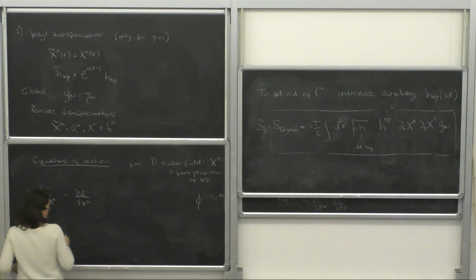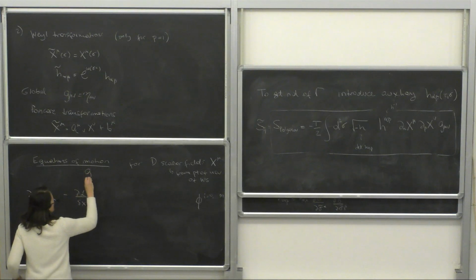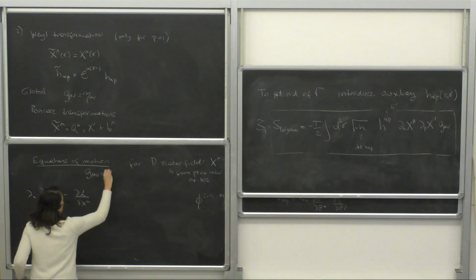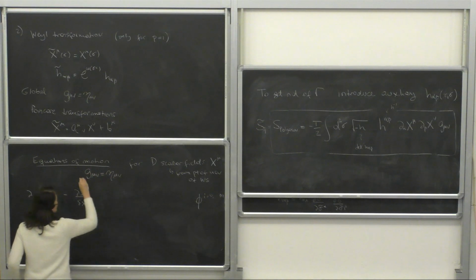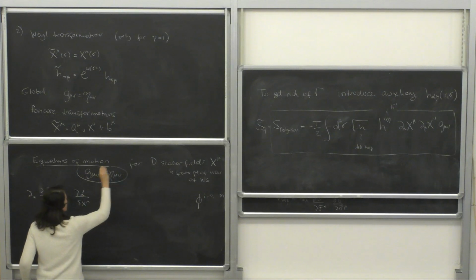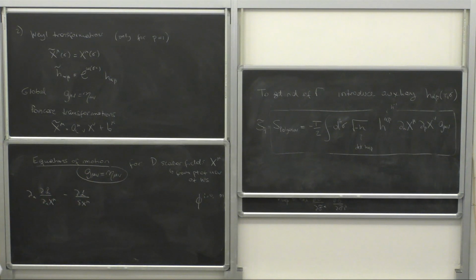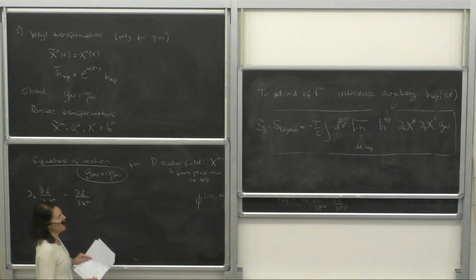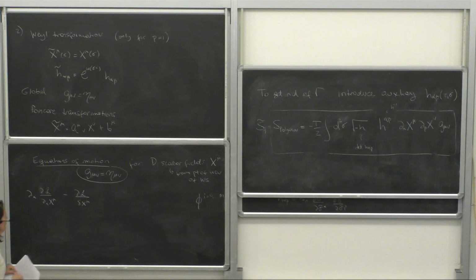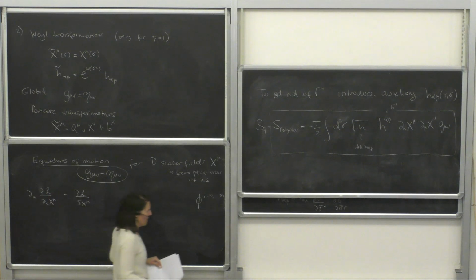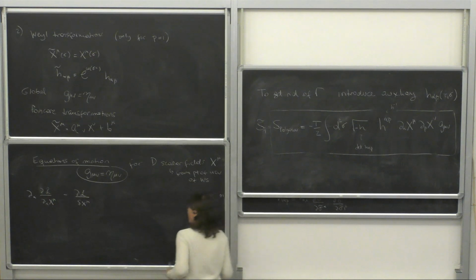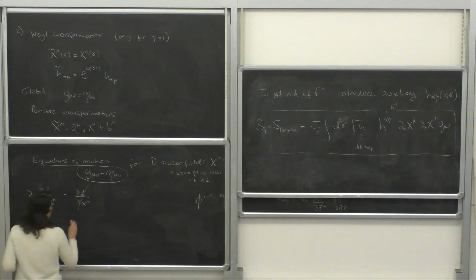But for a couple of classes, let's take g mu nu equals eta mu nu. So we will just be looking at strings moving in flat space. To quantize and everything, we'll be looking at strings in flat space. So then the Lagrangian doesn't depend on x mu.